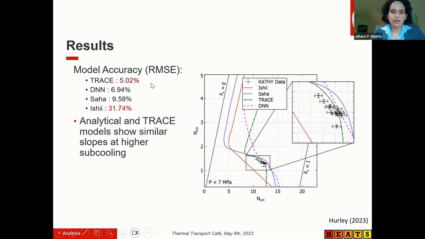But you see the general prediction here of TRACE with an RMSE of 5% and SAHA about 9.6%. Ledinegg was the most conservative model for these types of instabilities.